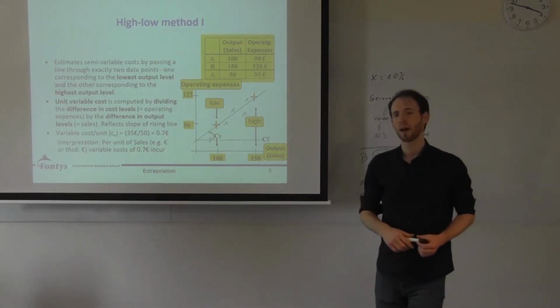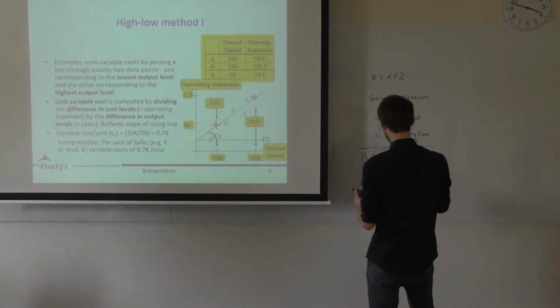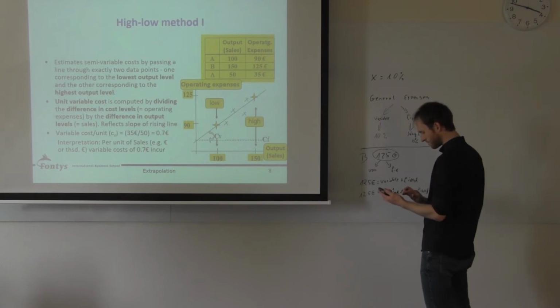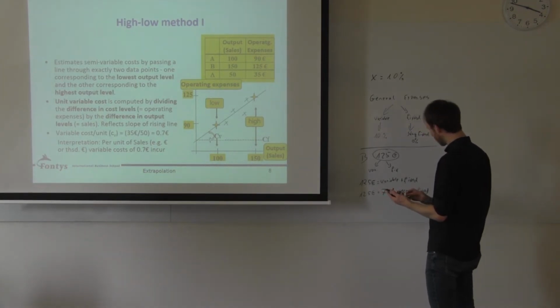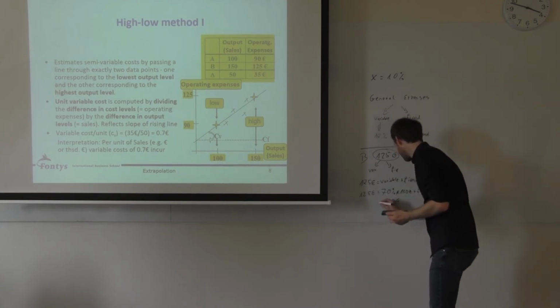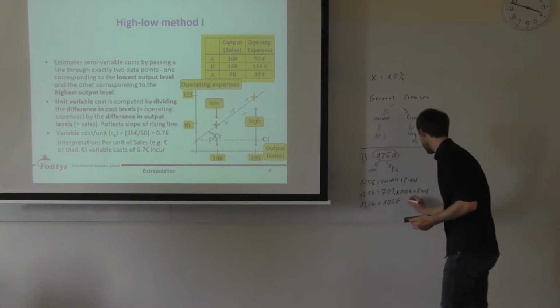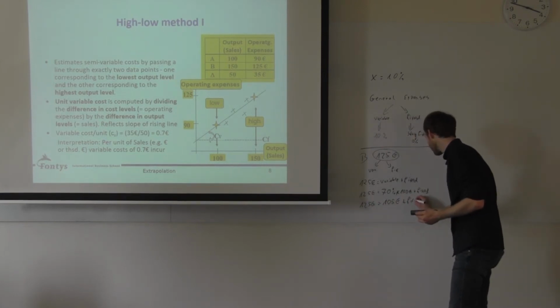And that basically is what we have to calculate now. So we take 70%, 0.7 multiplied with 150, so that is 105 euro. And so 125 euro equals this plus the fixed cost.